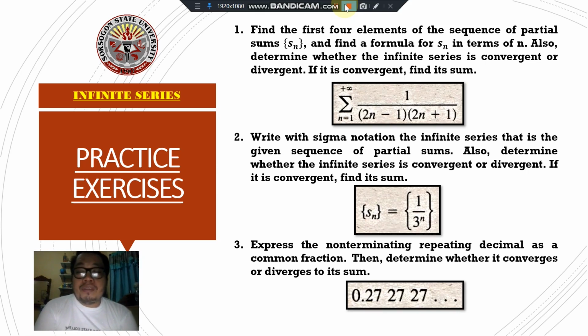On the previous discussions, we have 0.333 as the given non-terminating repeating decimal. Here we have two digits being repeated, which is 27, or 2 and 7. Then determine whether it converges or diverges to its sum.